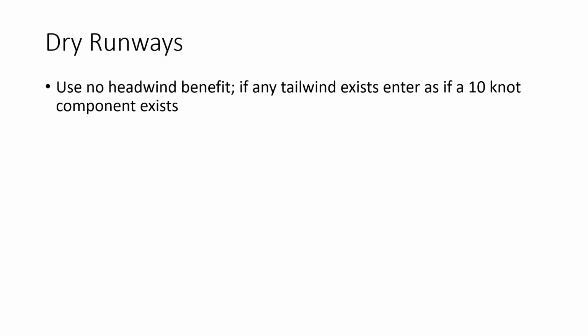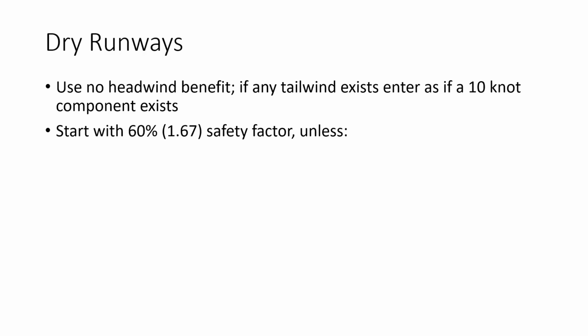Again, we don't want to plan on taking a benefit for a headwind that the METAR might indicate exists, but at the time of landing may have decreased or changed component. And likewise, we want to be conservative. If we think there might be a light tailwind, we want to imagine that it could perhaps increase up to our maximum as we're landing unbeknownst to us. So we're going to do our planning in the most conservative fashion with the wind.